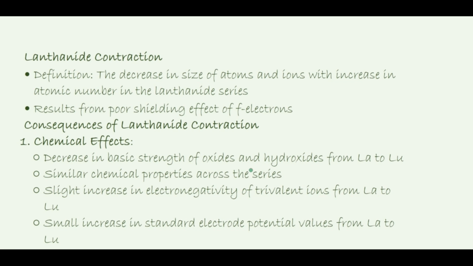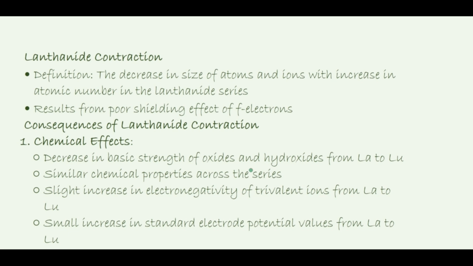So lanthanide contraction means the decrease in size of atoms and ions with increase in atomic number throughout the lanthanide series. That results from the poor shielding effect of f subshell electrons.